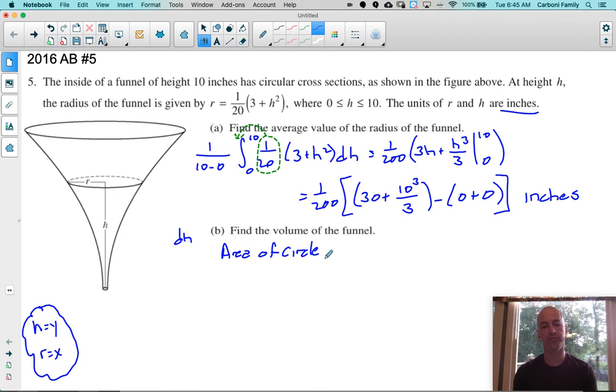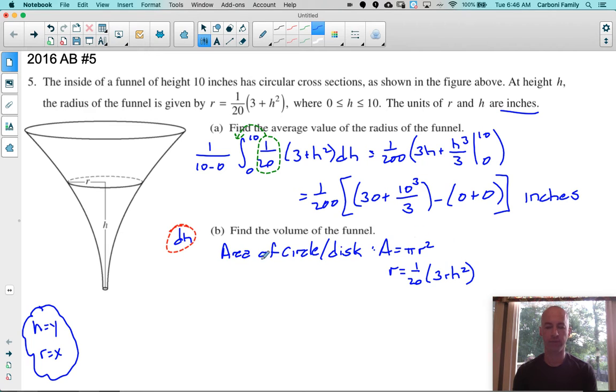Now, in the world of volumes, we call that a disk, and the area of a disk is pi r squared. And what I have to do is get my radius in terms of the variable we're choosing, which is h, and that's going to be absurdly easy because my radius is given to me. The radius is already a function of h. So that's going to be 1/20th of 3 plus h squared.